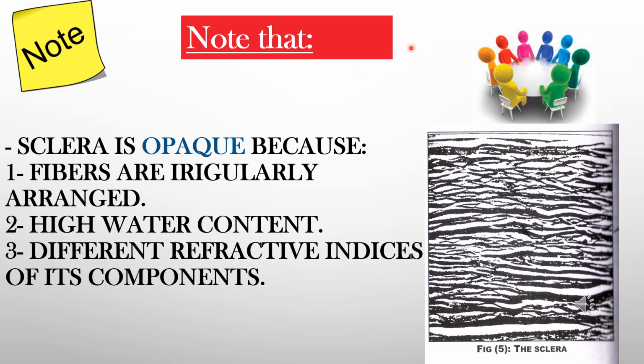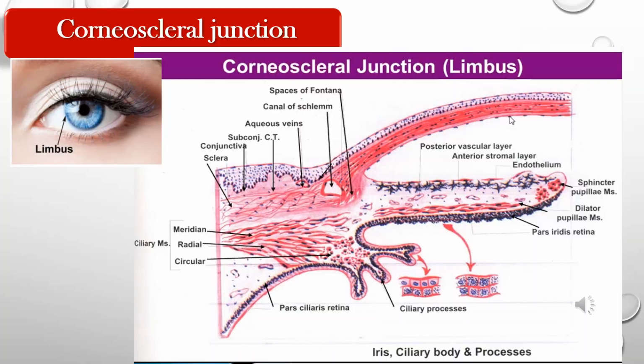Okay, the sclera is opaque. Why is the sclera opaque? This is due to its high content of water, irregular arrangement of its fibers, and difference in refractive indices of its elements. The corneoscleral junction, or the limbus.